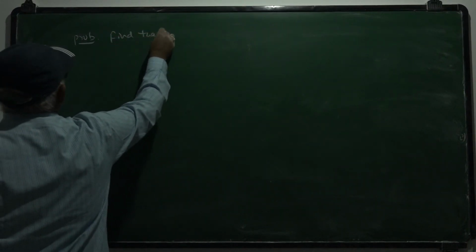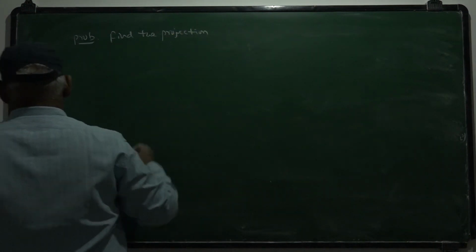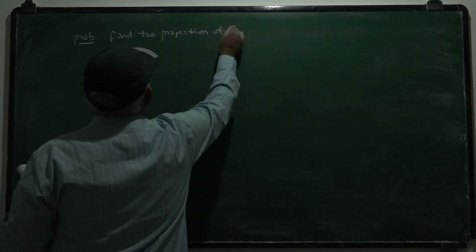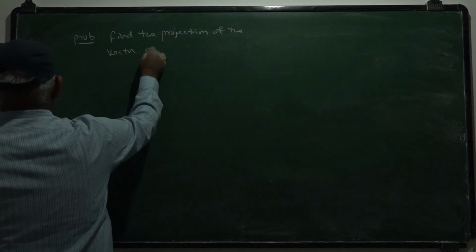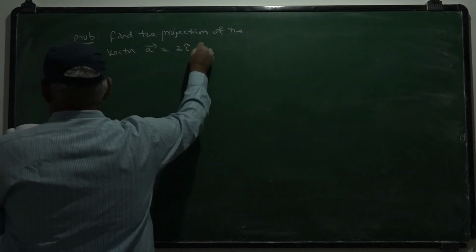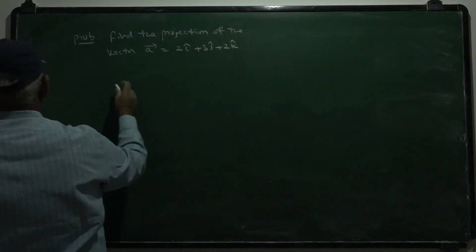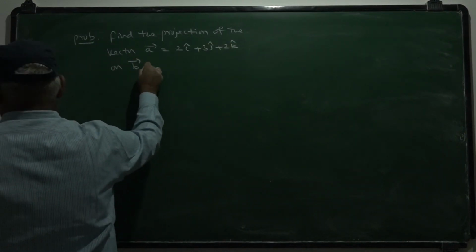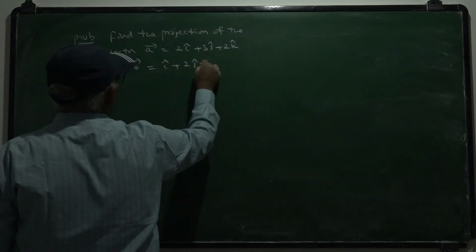Next one. Find the projection of the vector a bar equal to 2i plus 3j plus 2k on another vector b bar, which is i plus 2j plus k.